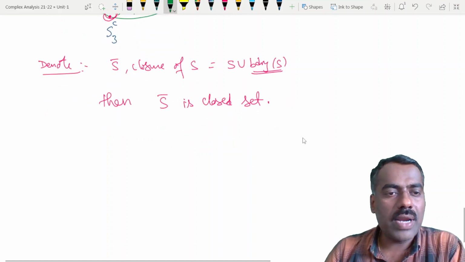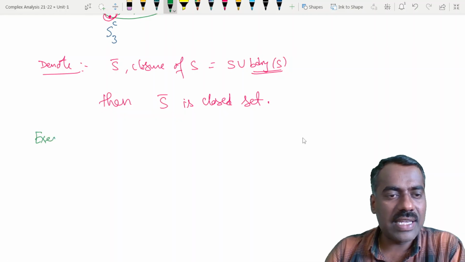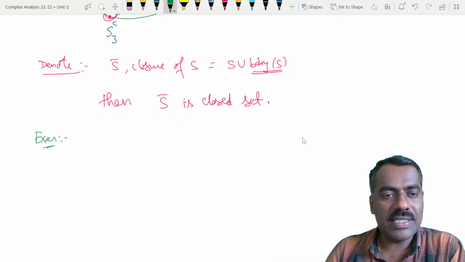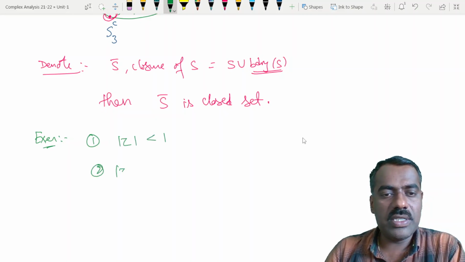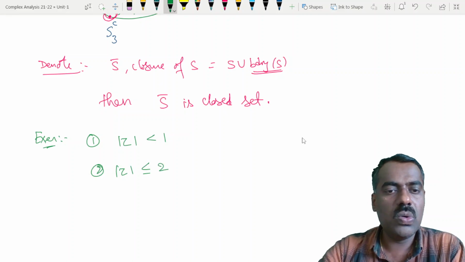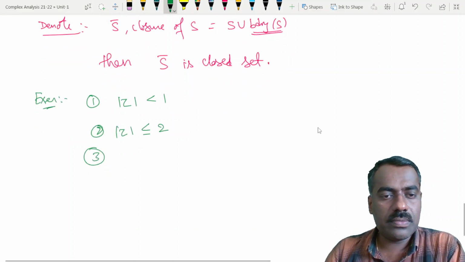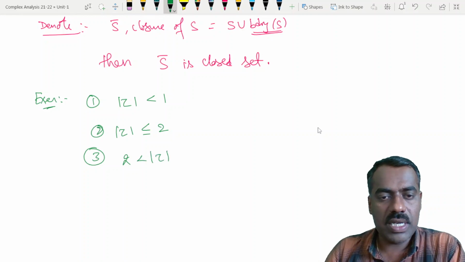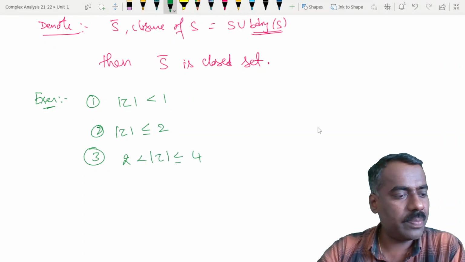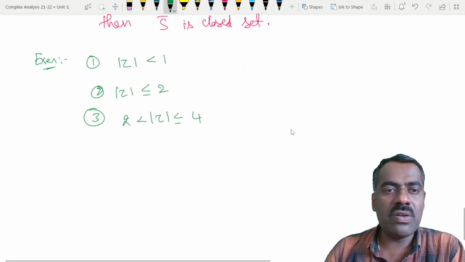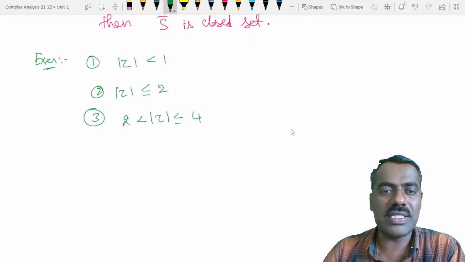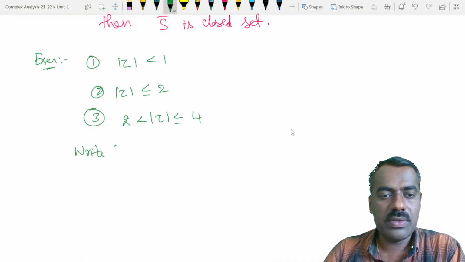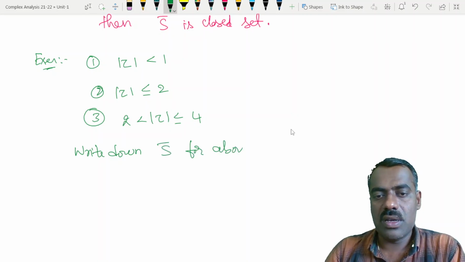As a simple exercise, take mod z less than 1, mod z less than or equal to 2, and 2 less than mod z less than or equal to 4. These are your sets S1, S2, S3. Write down S bar for the above sets.